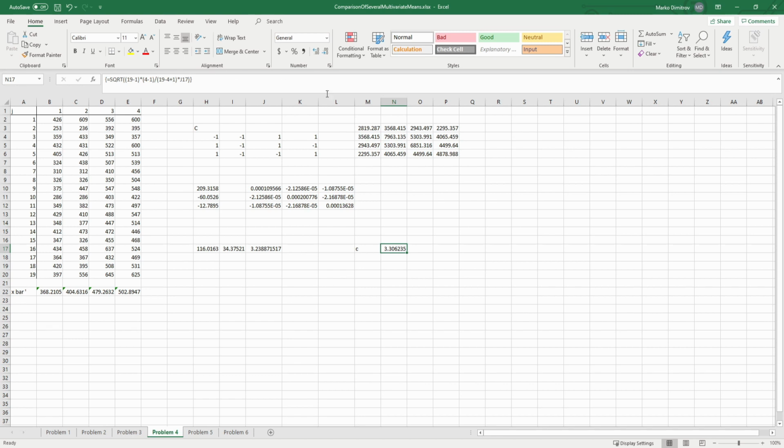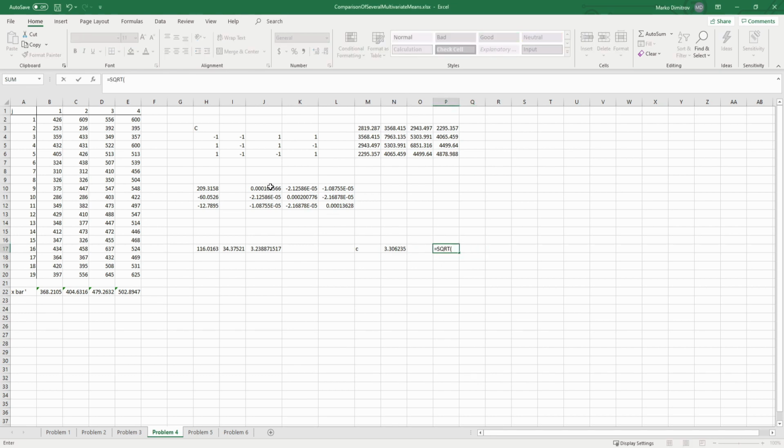For the interval, we also need the square root of this divided by n. So we need this for each. We need the square root of this.